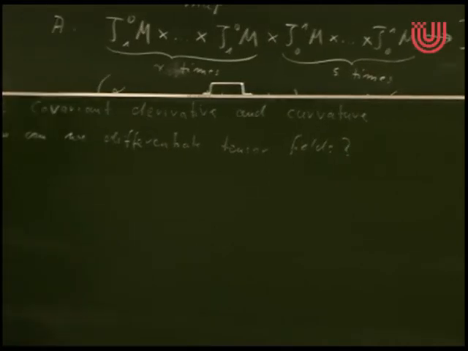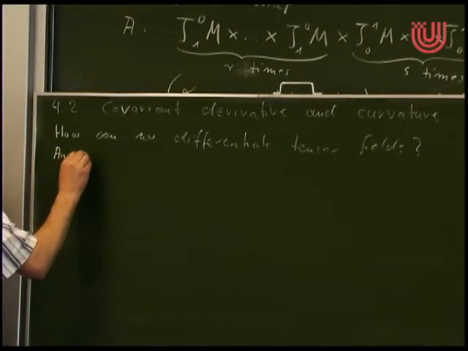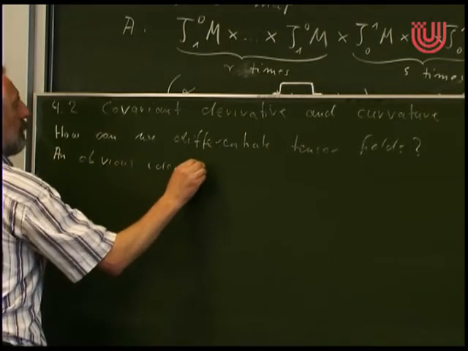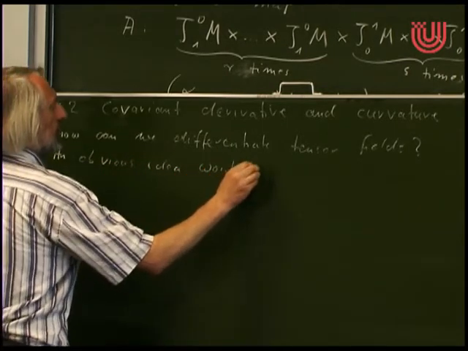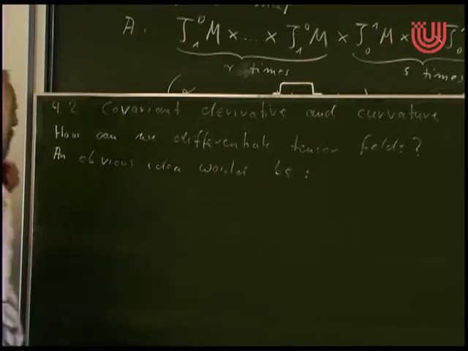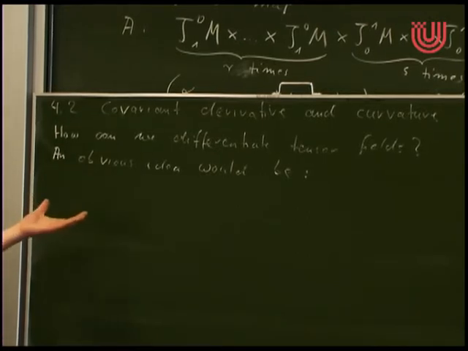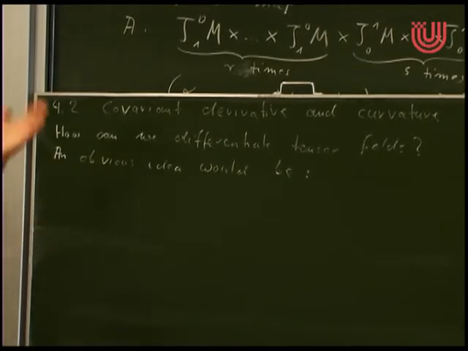So an obvious idea would be the following. I do it in coordinates. So I represent my tensor field in coordinates, and then I differentiate just the components, in the sense as we have learned to differentiate real valued functions.